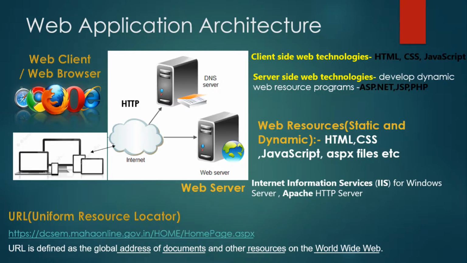At that time, there is a default file set for this specific URL. Suppose when you enter www.abc.com, it goes to that server, and for that specific web application there is a default file, suppose index.html, that will be sent back to the client.